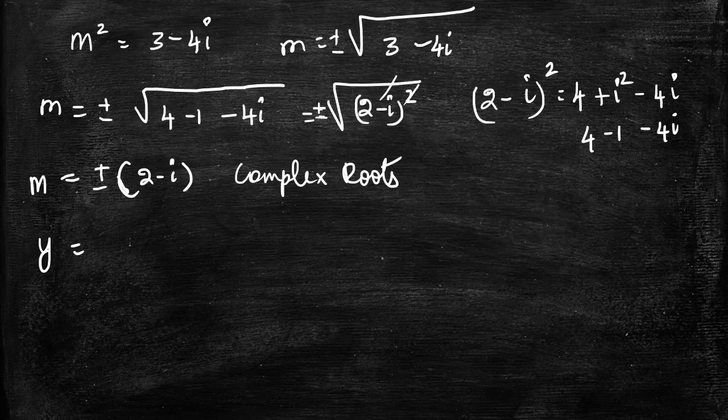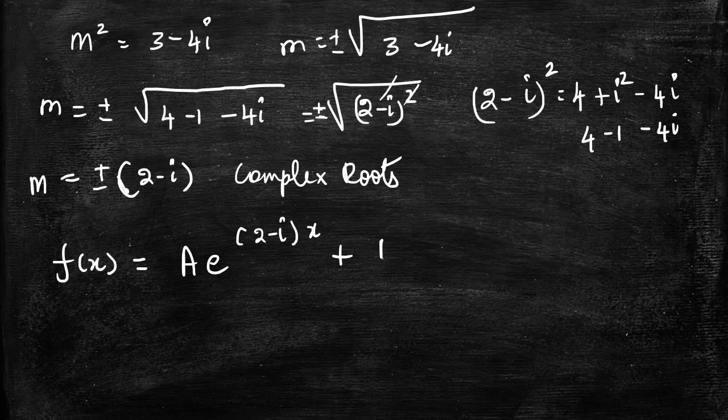So my solution will be, in terms of f of x, we'll have to write in terms of f of x. My solution will be f of x is equal to a e power (2 minus i) into x plus b e power minus (2 minus i) into x.